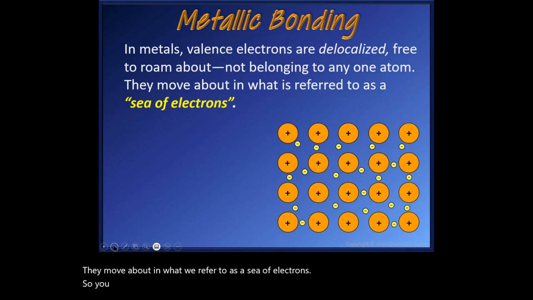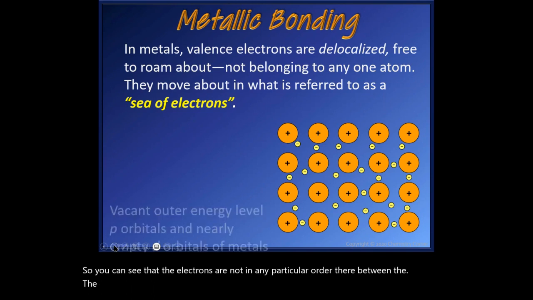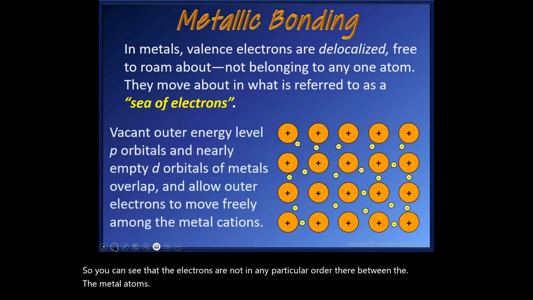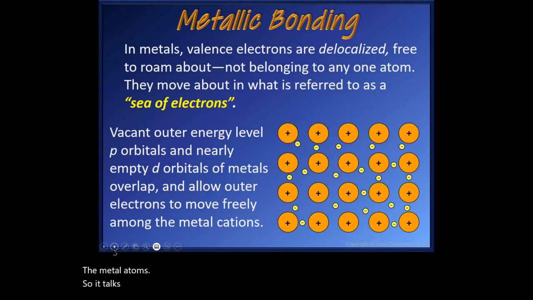So you can see that the electrons are not in any particular order. They're between the metal atoms. So it talks about orbitals being vacant or nearly empty, and they overlap and allow electrons to move freely.